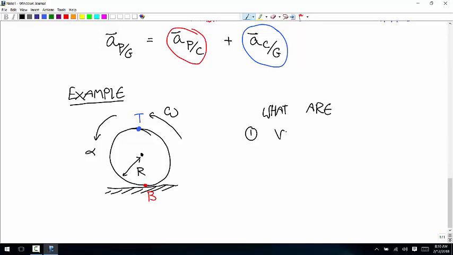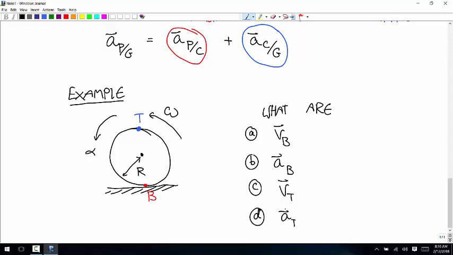And we want to calculate the velocity vector at the bottom, the acceleration vector at the bottom, the velocity at the top, and the acceleration at the top. And we're going to calculate the vectors.